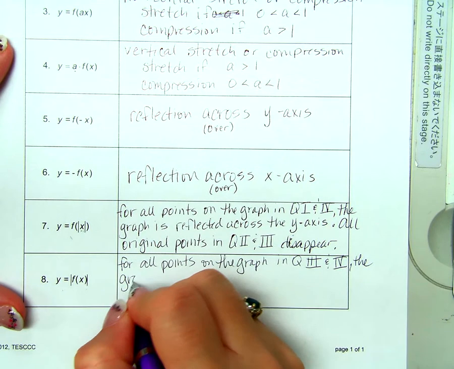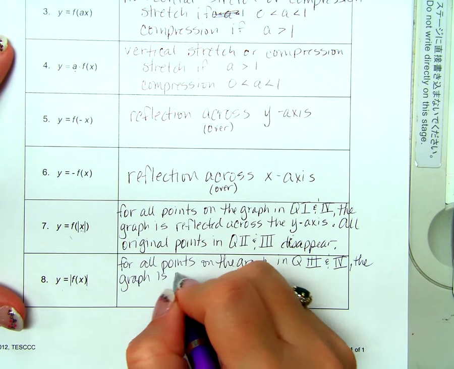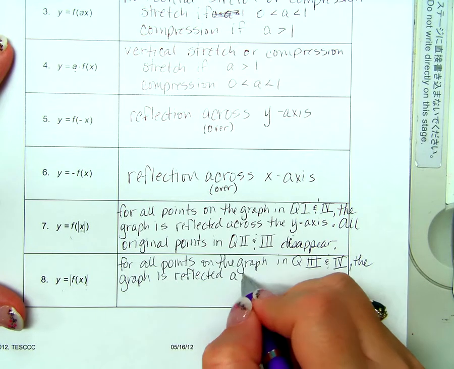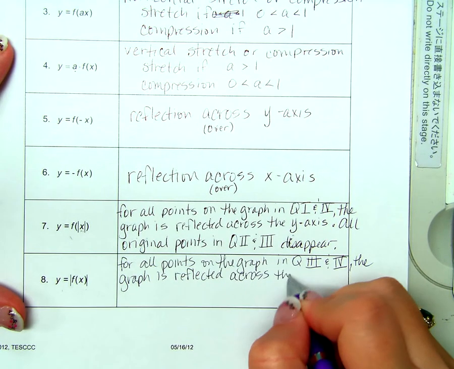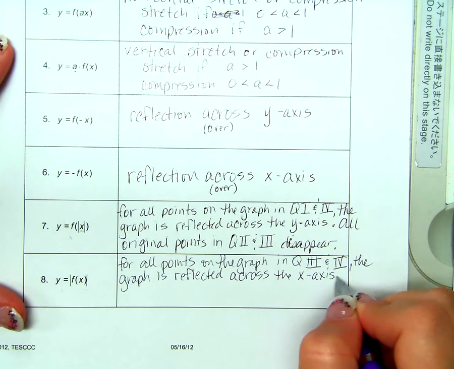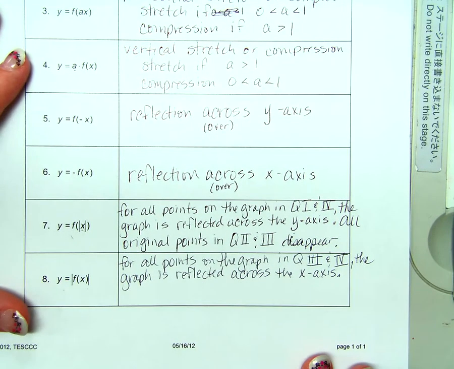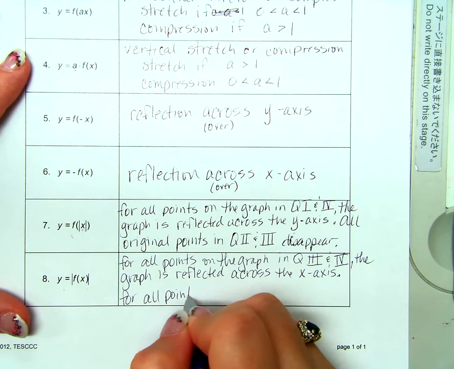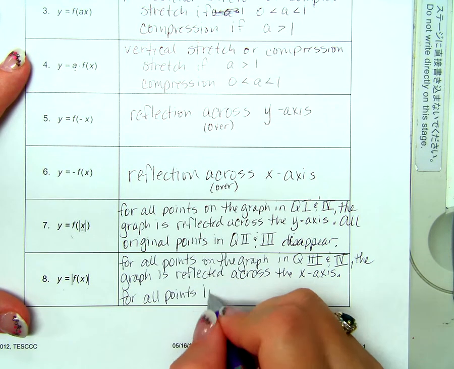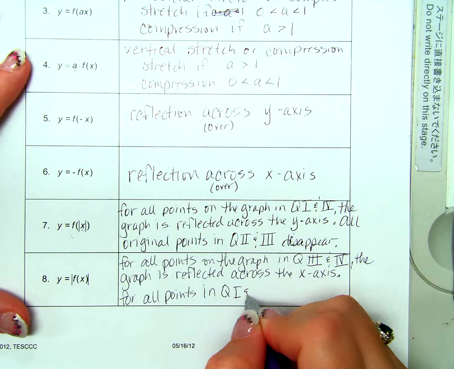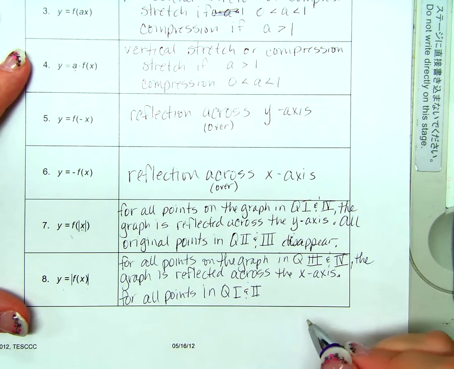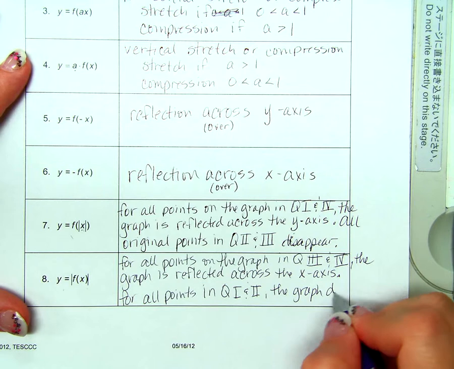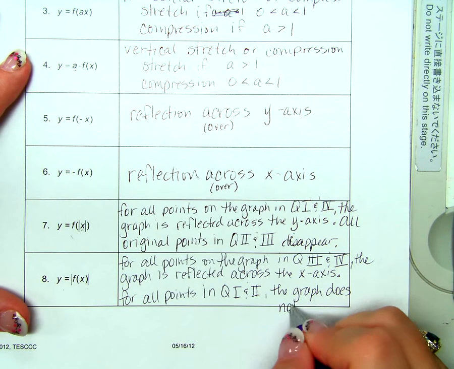The graph is reflected across the x-axis. For all points in quadrants 1 and 2, the graph does not change.